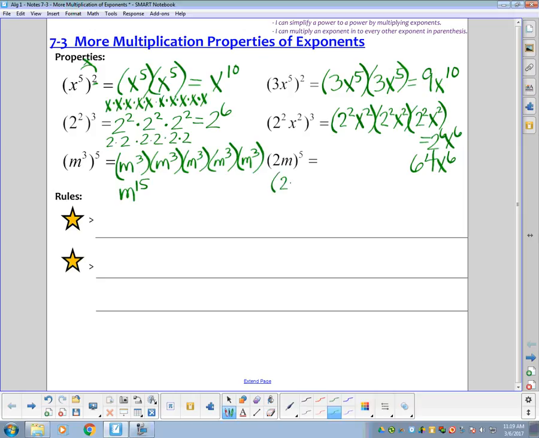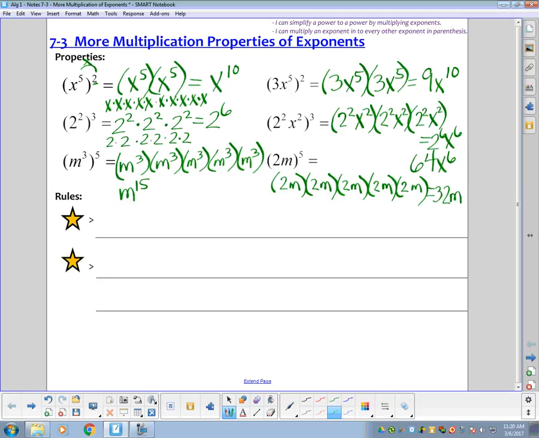2m, 5 times. What do I get when I multiply all these 2's together? You get more 2's. 2 times 2 is 4, 4 times 2 is 8, 8 times 2 is 16, 16 times 2 is 32.